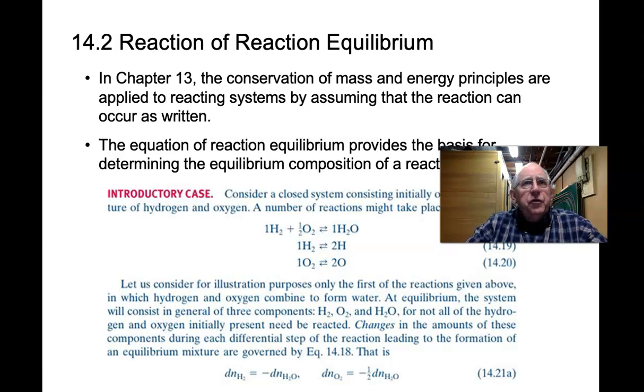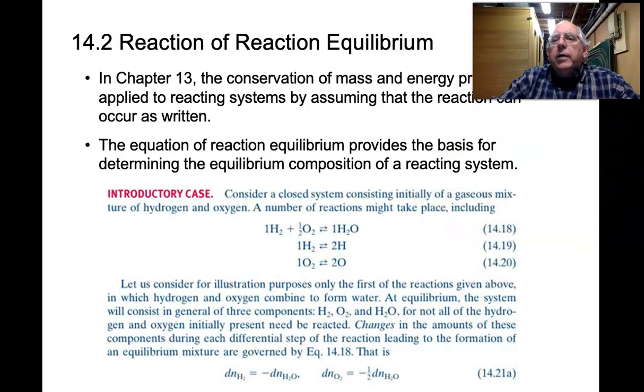And so we had fuels that combined with oxidizer to form products in certain proportions. And we made it very clear that we had to balance the atoms from one side of the equation to the other side of the equation.